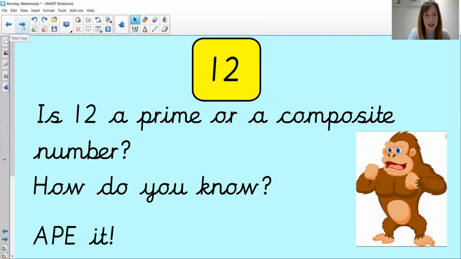I'm going to go through it with you now. It's a really good way to make sure that you have fully answered a question, especially when you get to year 6 and you're doing your SATs. Some of these questions will be worth 2 or 3 marks, and aping it makes sure that you have fully answered the question and you haven't lost any marks.